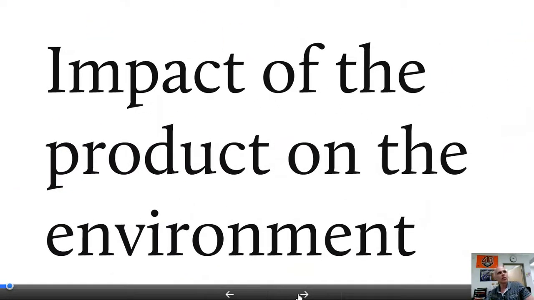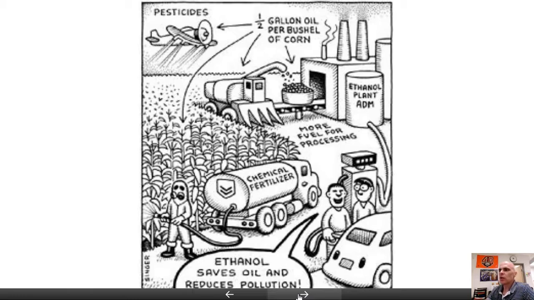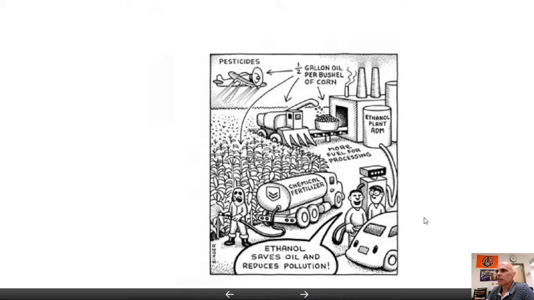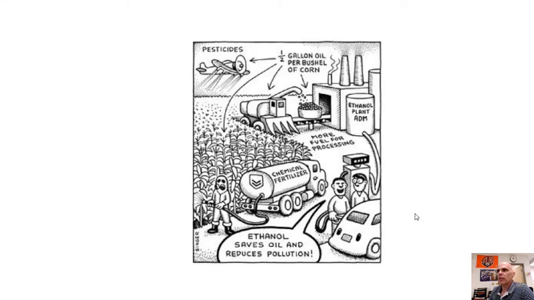One of the considerations for regulation of the economy would be, what impact does the product that you're offering to the marketplace have on the environment? For example, some corporations have created pesticides and herbicides and different fertilizers that may have a toxic effect on the biosphere.